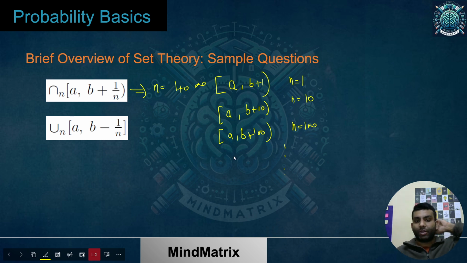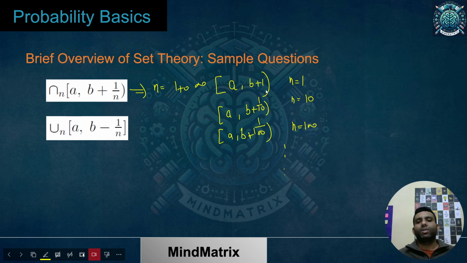I'm starting from n equals 1. Sorry, one thing I have missed out: this is 1 by 10, 1 by 100.